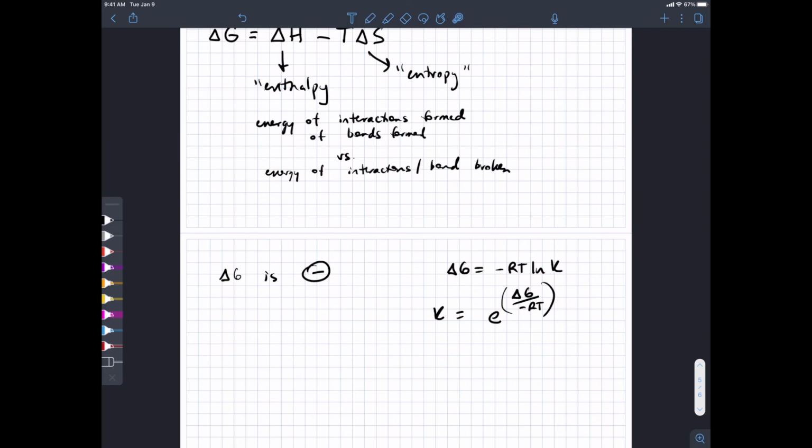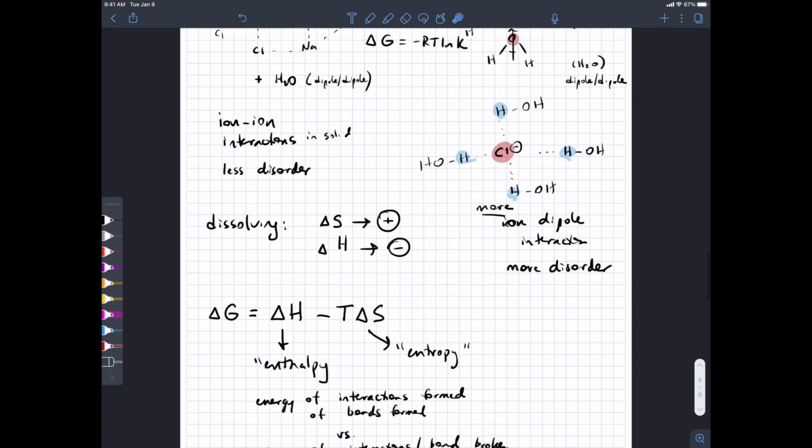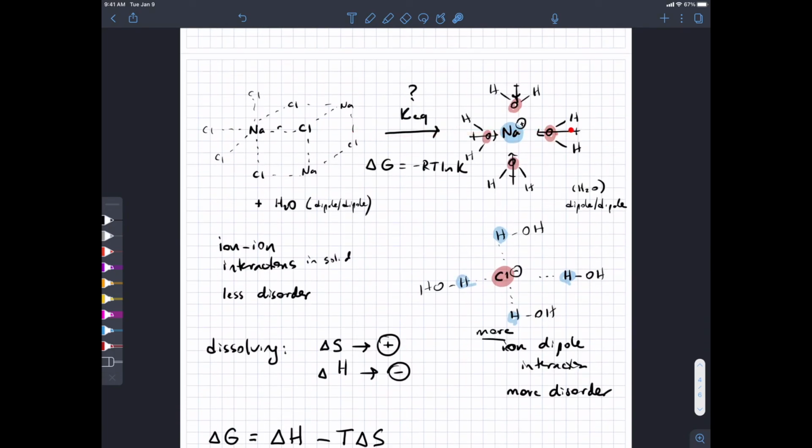If you have a negative delta G, that means you're raising the number e to a positive number, which is going to be a large number greater than 1. And so an equilibrium constant greater than 1 means it's favorable to go in that direction.